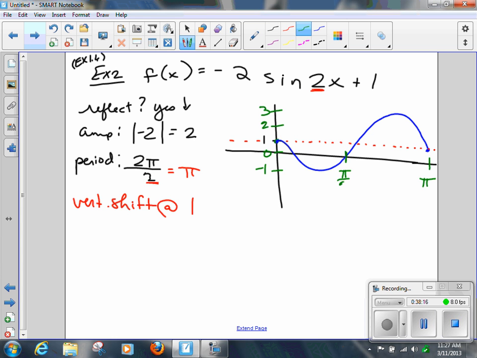Pi over 2. What's my quarter point? What's half of a half? Pi over 4. Very good. All right, now, to get my 3/4 point, check it out. 1/4, 2/4, 3/4, 4/4. Yep, it's all going to work out.